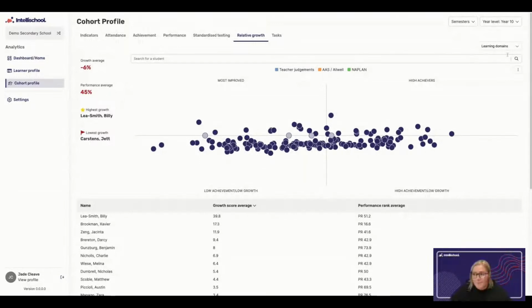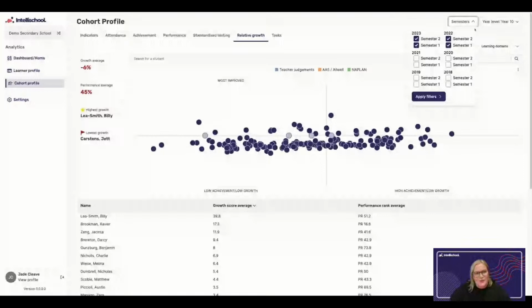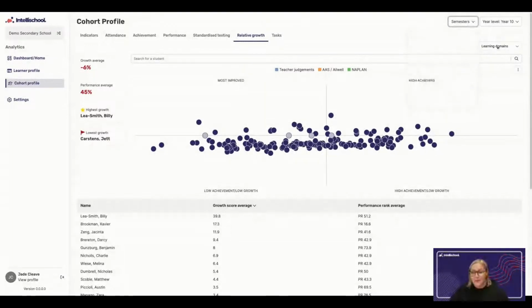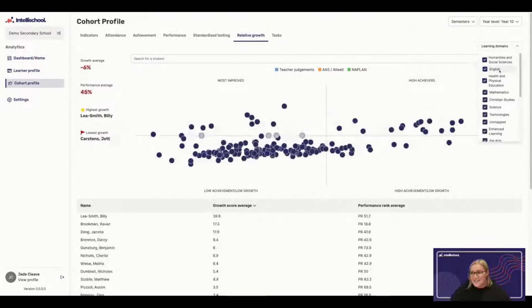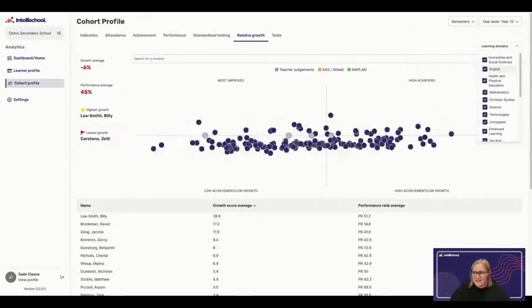Up the very top, I always point out when I run training with teachers to carefully choose your time frame, because that can have a big impact on what you see in this scatter plot here. So be sure to choose that. And then, as I mentioned, over here on the right, what I can do is isolate just a particular learning area, and you'll see the little dots scurry around as soon as I do that as well. But for now, let's just take a look at the broader picture.